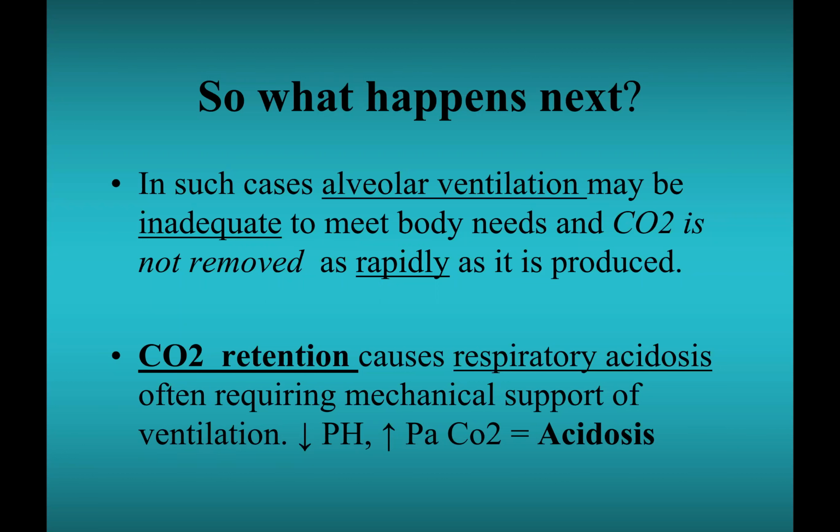If they don't have mechanical ventilation support to balance that out and make them breathe the proper way, they're going to have a decrease in pH and an increase in CO2 retention, which leads to an acidic situation in the blood, called acidosis. As you learn blood gases, we refer to it as a respiratory acidosis, because this is coming from the respiratory side, where it happens with ventilation.